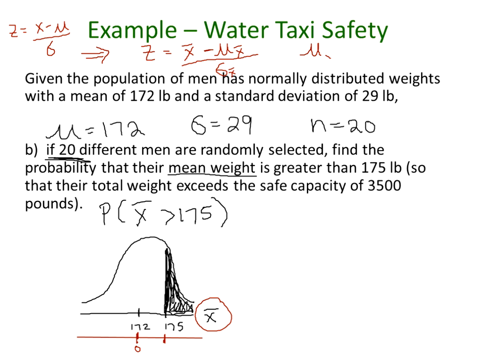Now, you remember, hopefully, that the mean of your sample means is equal to the mean of the population. And you hopefully also remember that the standard deviation of your sample means is equal to the standard deviation of your population divided by the square root of n. So you can just make those replacements. You can just go ahead and substitute that in.